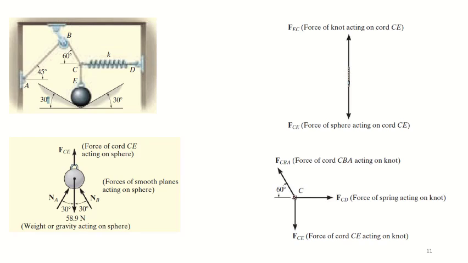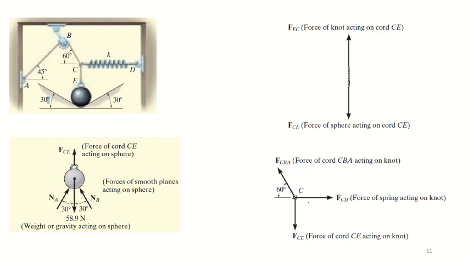Now if you take the knot at this point C, how many forces act on this knot C? When you want to draw the free body diagram, you should separate the knot C out. There are three forces: one from this cord CE, another from the cord BC, and the other from this spring.